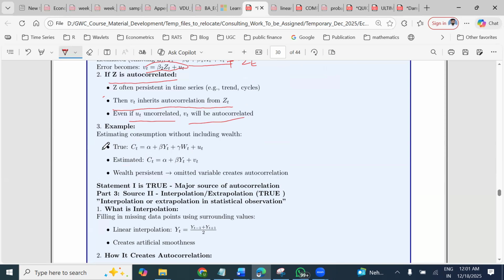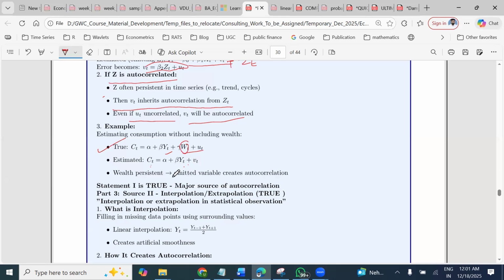Suppose, for example, the true model is that consumption C is a function of income Yt and wealth Wt. What you did is you have omitted wealth. So you have taken consumption as a function of income only.